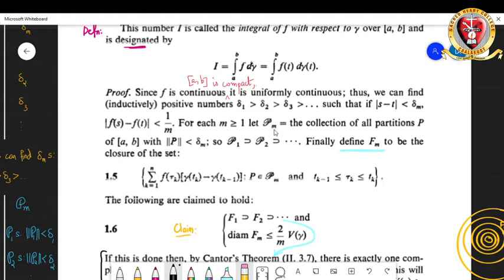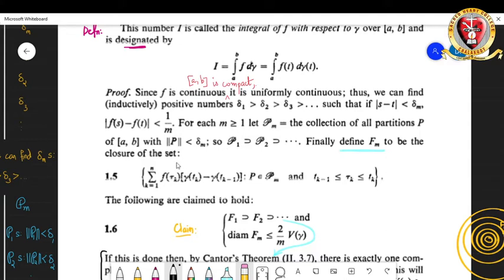So if we are fixing script P m, we are collecting all the partitions possible on the closed interval [a, b] such that the norm is strictly less than delta m. Note that the norm of the partition P is the maximum of the lengths of the subintervals of that partition. That is how we define script P m.